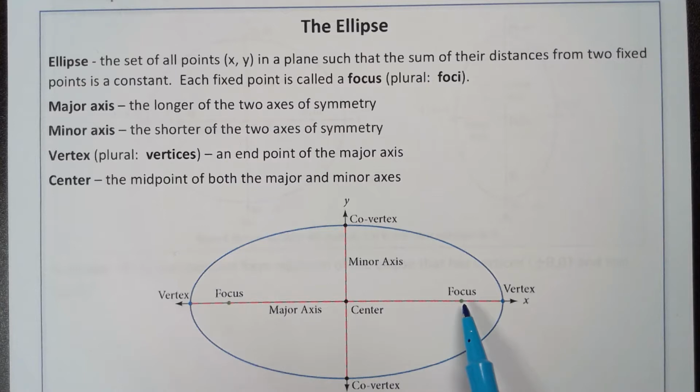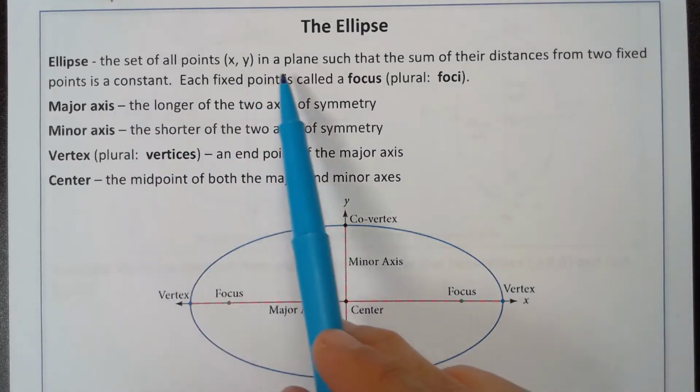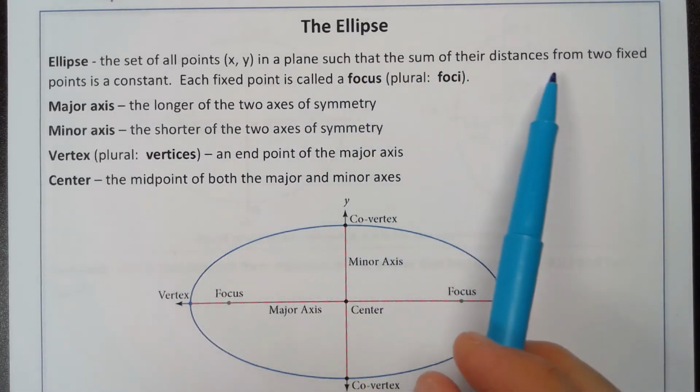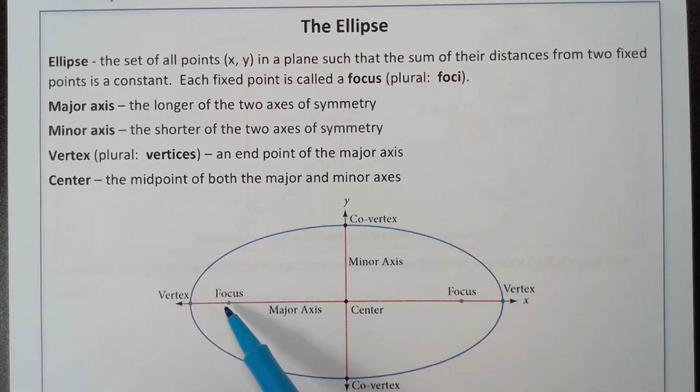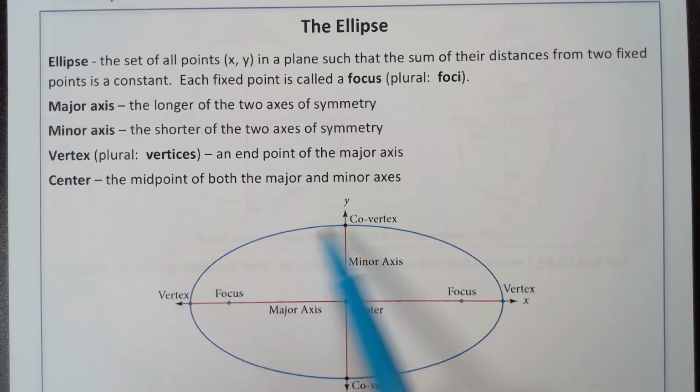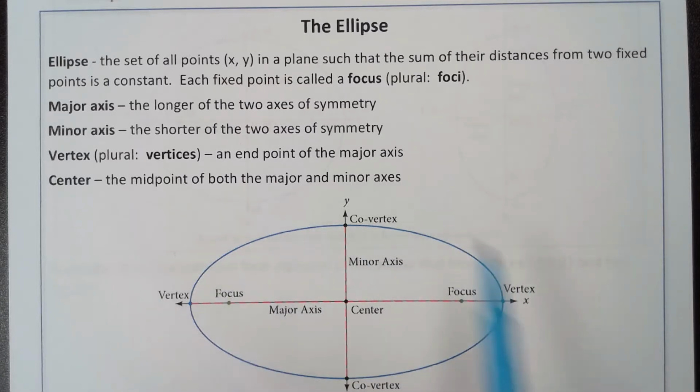The ellipse is the set of all points in the plane so that the sum of their distances from two fixed points is a constant. So the distance from here and the distance from here, if you add those together, it's going to be a fixed constant all the way around this shape.